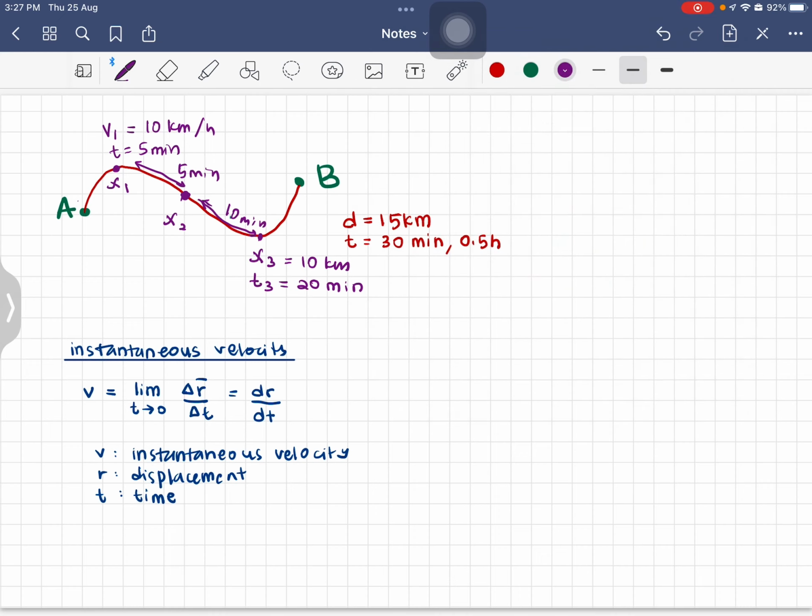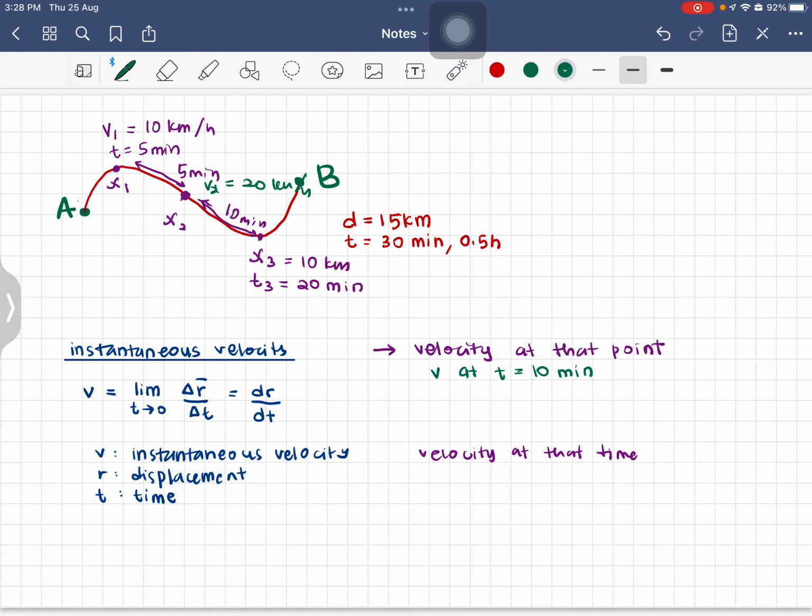But actually, your instantaneous velocity is the velocity at that point. At that exact point that we want, or the velocity at that time. The exact time that we want. So, for example, I want the instantaneous velocity at time equal to 10 minutes. So, let's say at X2, you look at your speedometer, you have V2, 20 km per hour.